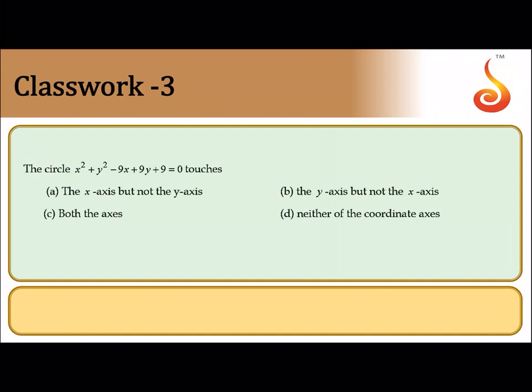Example 3. The circle touches. So if you compare it, what is happening here? This is in the form of x square plus y square minus 2gx plus 2gy plus g square is equal to 0.